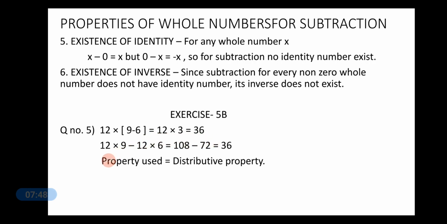In the second step, when you are using the distributive property, 12 into 9 minus 12 into 6. So 12 into 9 is 108 minus 12 into 6, which is 72. So 108 minus 72 will give you 36. Now which property is used here? This is the distributive property.